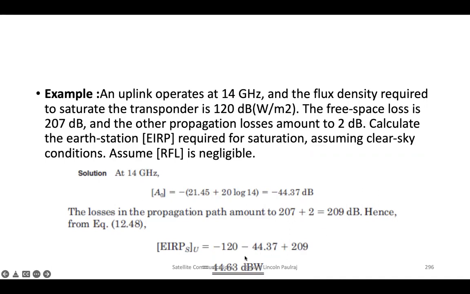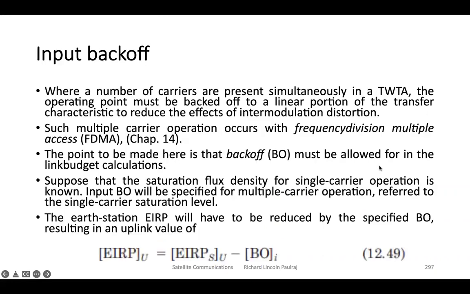Finally we get about 44.63 dB watt. This is how you take values and understand what is given and what is not given, which formula to use, and how to substitute values. Once you know this, the rest of the things shouldn't be that complex.